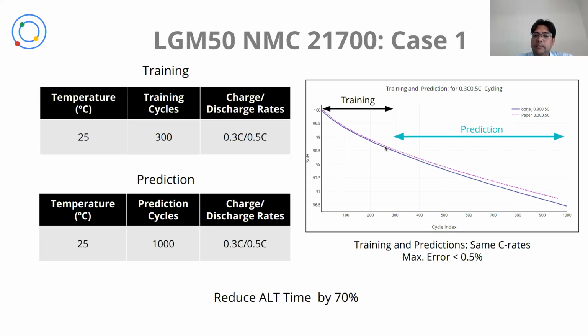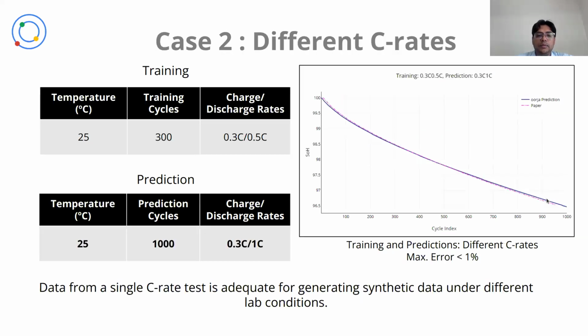And once we have these degradation parameters, for the same set of training data, if the test was conducted up to the end of life, we try to continue our predictions on the same set of data just to ensure that we are able to capture that behavior. And once we are satisfied that the behavior is captured accurately for the degradation in future, then you can use this model in different scenarios.